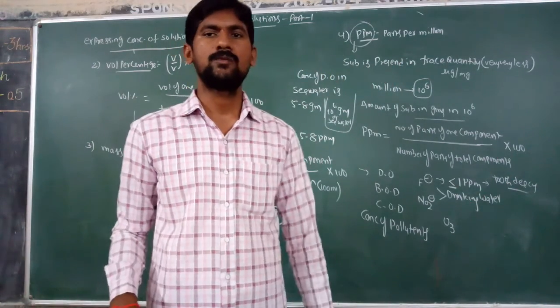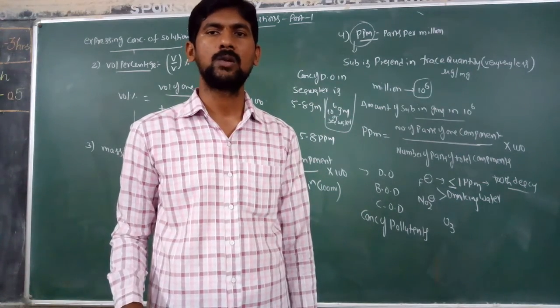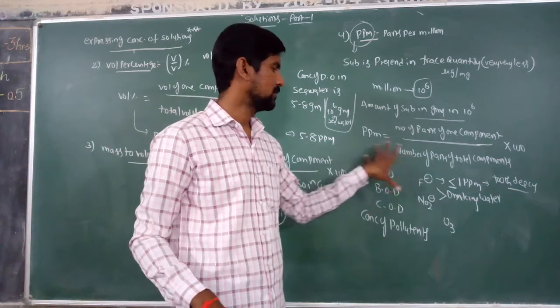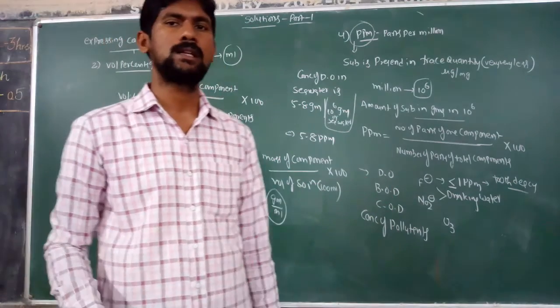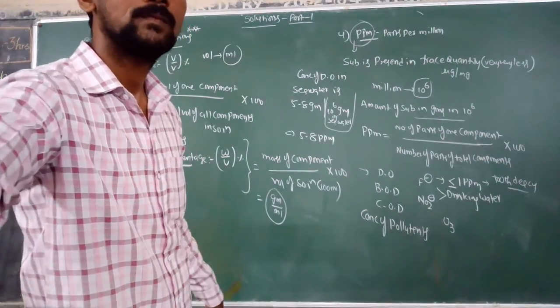If the concentration of fluoride ions exceeds 1 ppm in the drinking water, then tooth decay starts. Therefore, all these substances in trace quantities are usually expressed in terms of ppm.